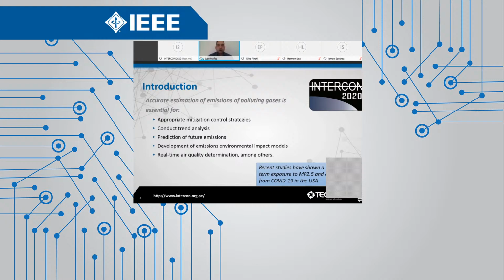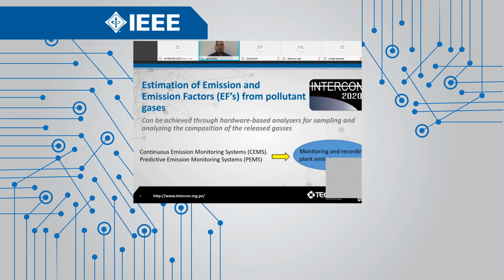So how can we estimate these emission factors? Well, we can estimate them in different ways. I just want to explain a few of them. We can estimate the emission factor using hardware-based analysis, which basically samples the emissions from these generators and then analyzes these gases to obtain the composition in terms of pollutants and contaminants.